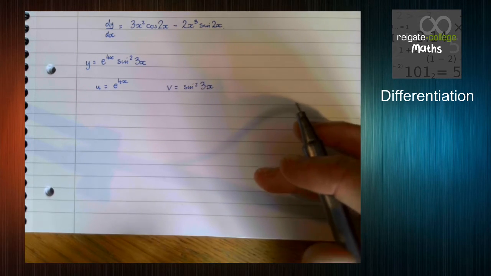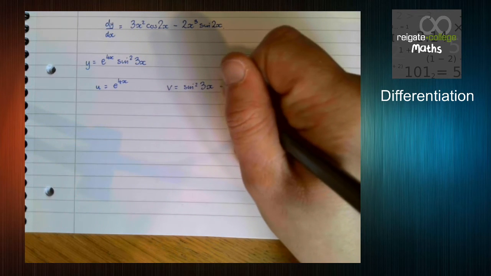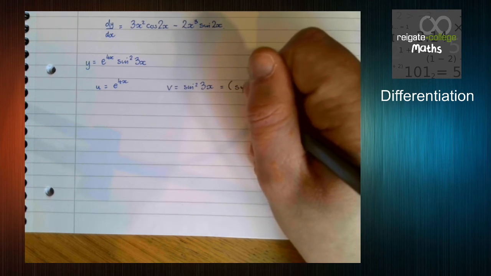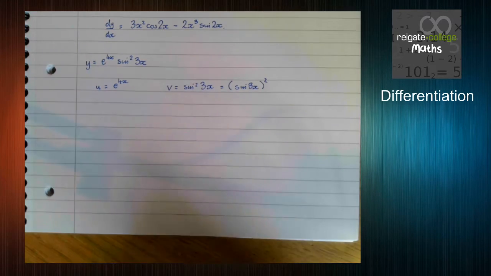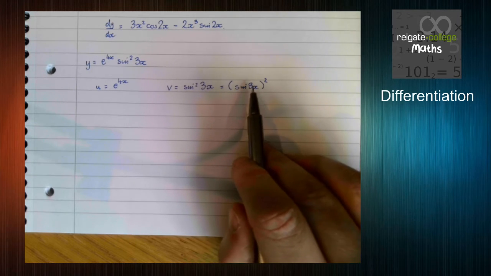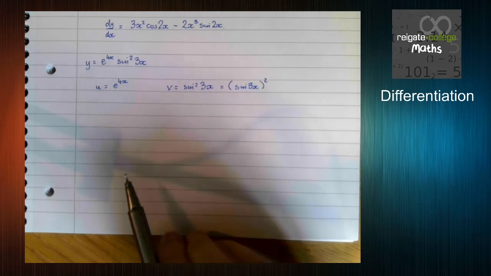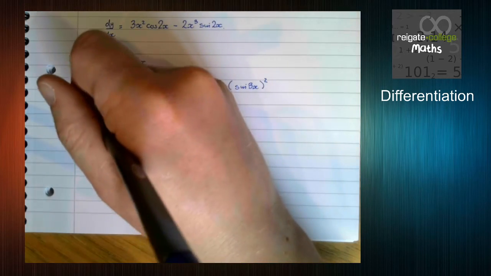That kind of thing. You don't get any extra marks for that. So, being able to do this by eye is very important. If you find that very difficult, I would advise rewriting sine squared 3x as sine 3x in brackets squared. It makes differentiating it by eye a little bit more straightforward.